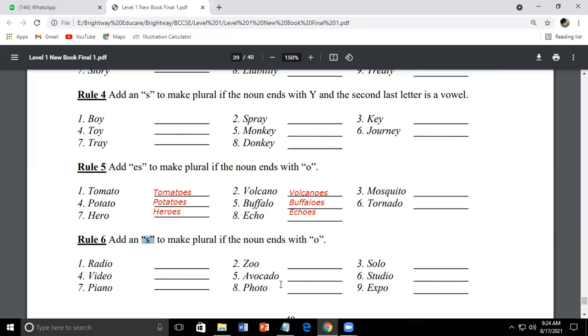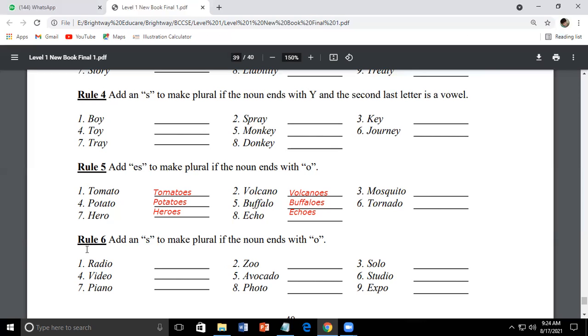Specifically, my dear friends, there is no justification of why the words in rule number 5 use ES for making them plural, and the words in rule number 6 add just S to make it a plural. There is no justification for that. I have tried my best.